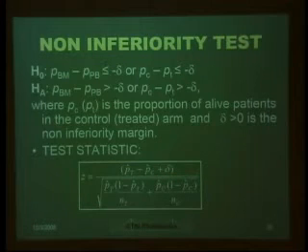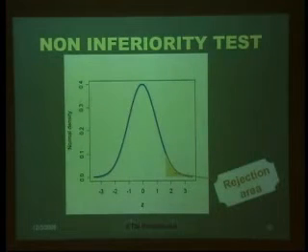I just want you to know that there is a formula. We compute the z here, and this is my rejection area. So if z computed using that formula is here, I reject the null. If z is here, I don't reject the null. And this value here depends on alpha, which is the probability of type 1 error.